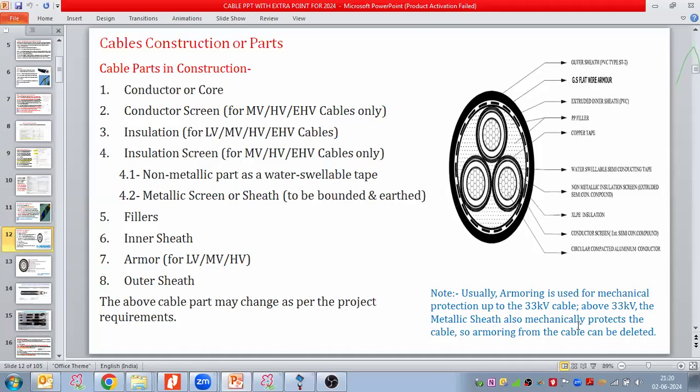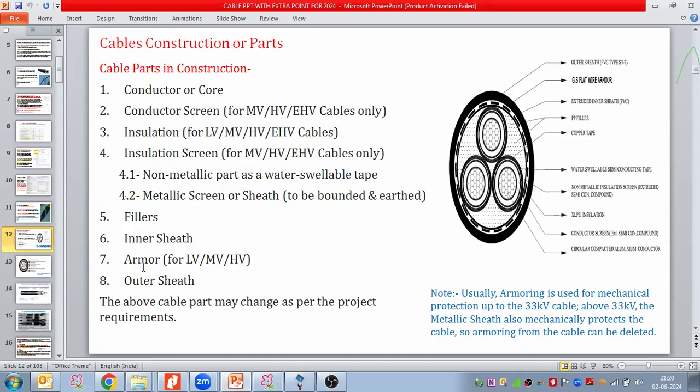Otherwise, there are a few clients, like Getco, a utility I was working with, that ask for both the metallic screen plus the armoring in their project. So when we are taking the metallic screen or sheath above 33 kV, armoring can be avoided.